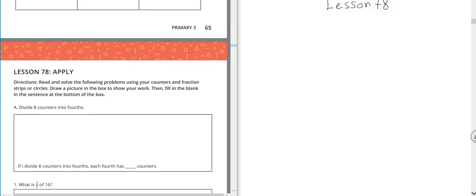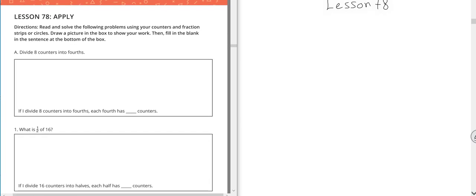Okay, back to our lesson today. Today we will study the relation between fractions and division. In fractions and division, we divide a whole number into equal parts.